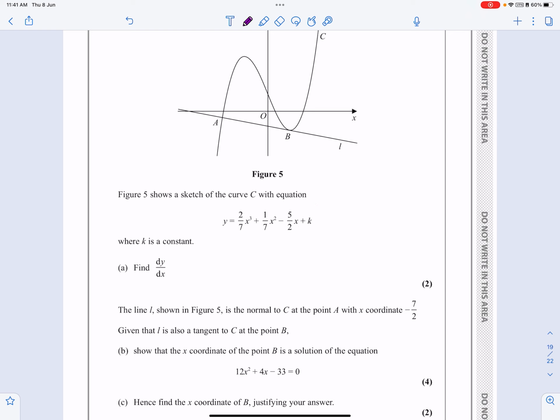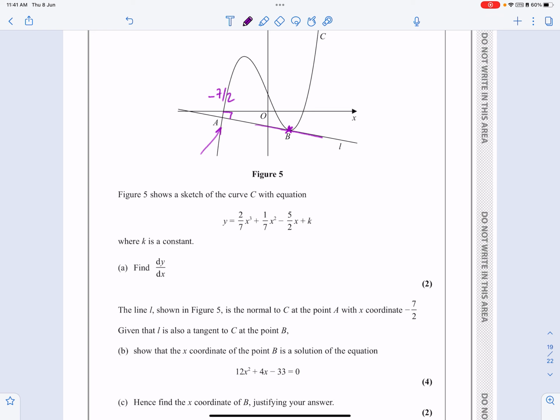So an alternative method, and the method that we're going to use, is this. We know A is the point with x coordinate being minus 7 over 2 here, so what I can actually do is work out the gradient of the normal at A. Now that gradient stays the same when it comes down here and cuts the graph at B. So what I'm going to do is somehow work out what the gradient of the normal is.